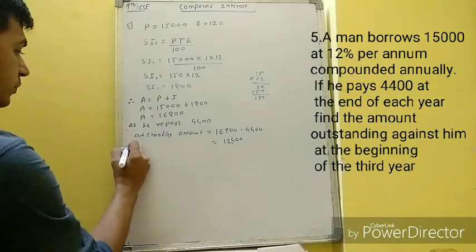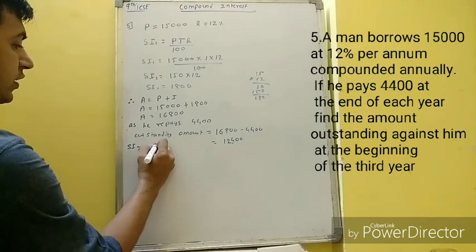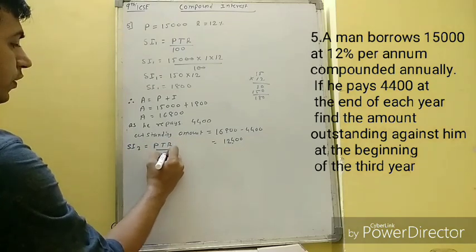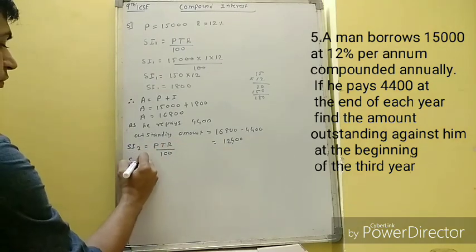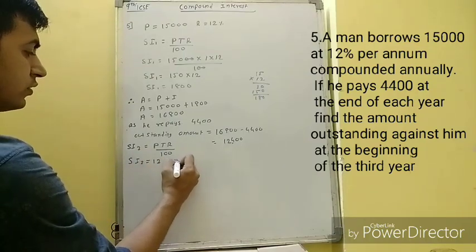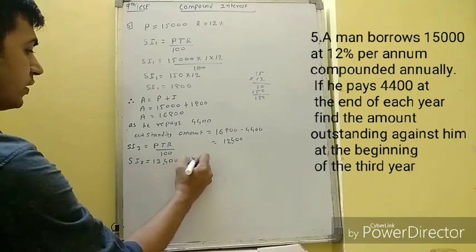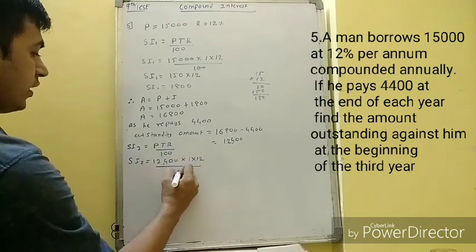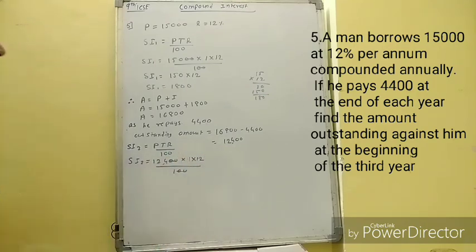Okay. So again, simple interest for the second year is PTR upon 100. So simple interest is equal to principal, 12,400, multiply by 1. Rate is 12 upon 100. These two zeros will get cancelled.